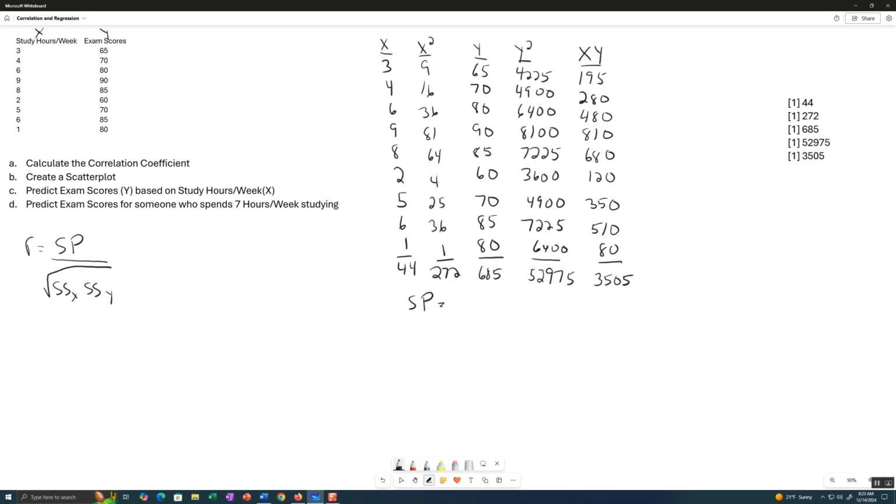That's going to be the sum of XY minus the sum of X times the sum of Y over the number of pairs of scores.